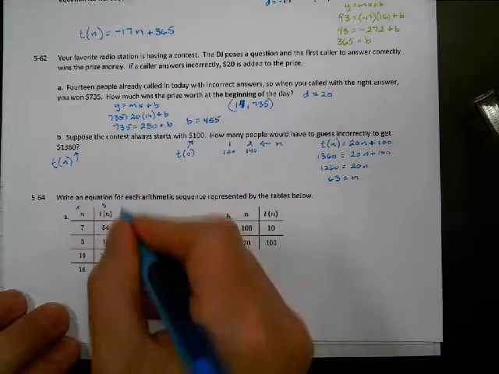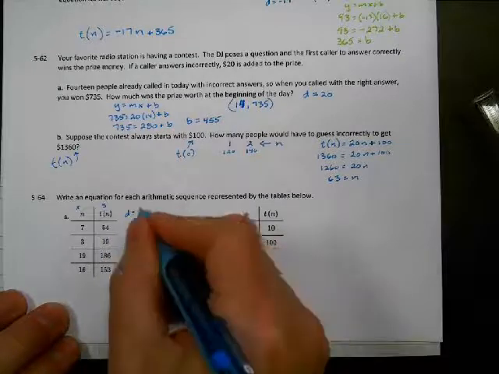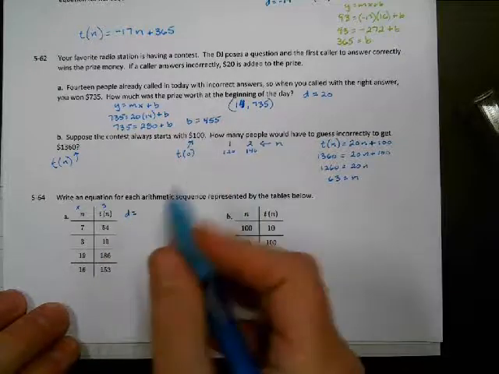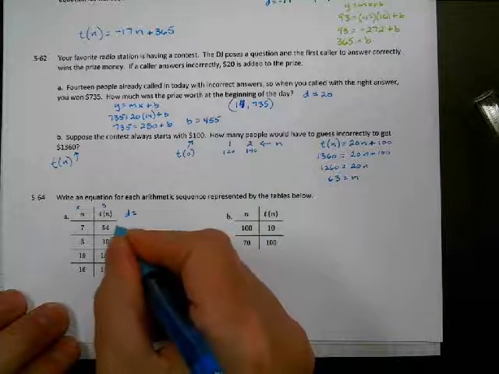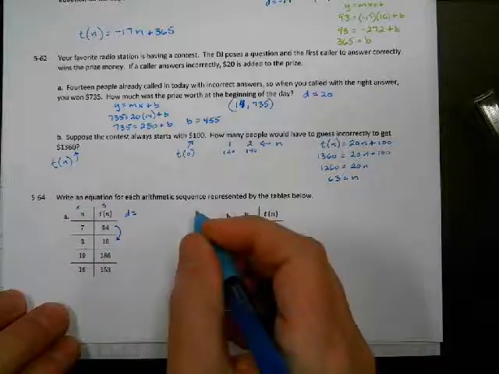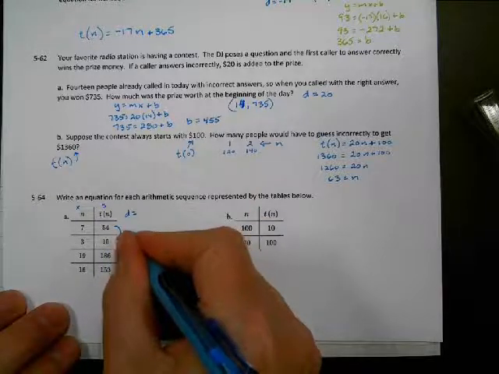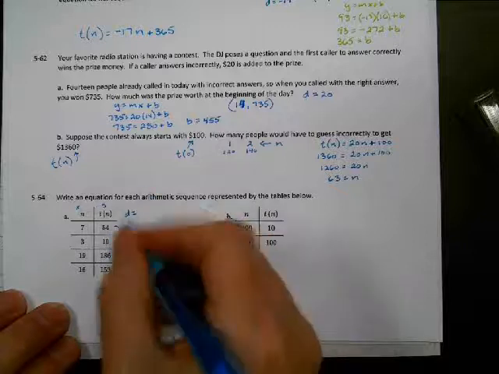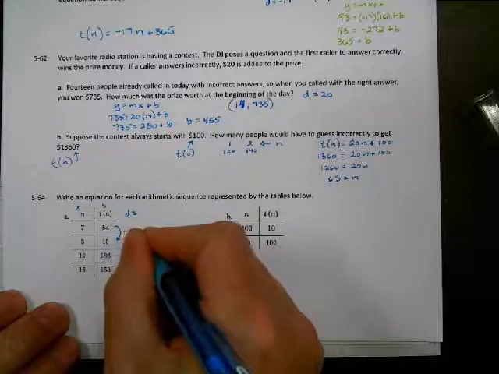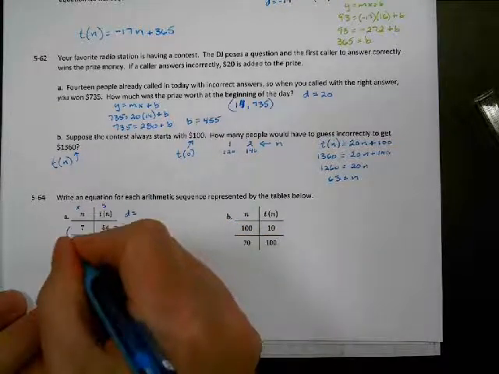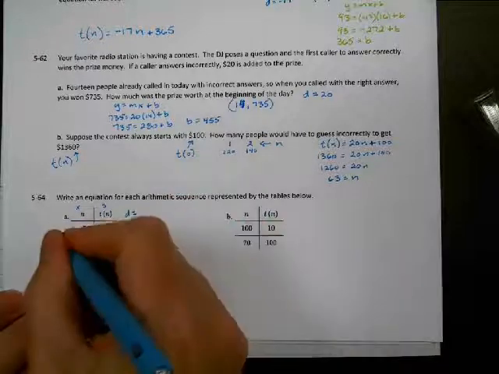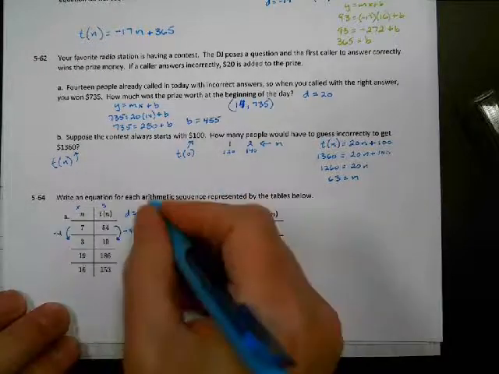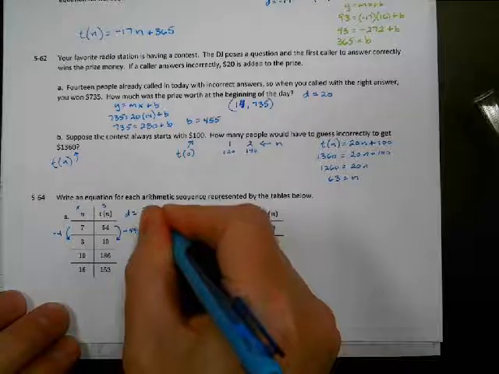So from here to here, I am subtracting 44. And from here to here, I'm subtracting 4. So my change in my y values is negative 44. The change in my x values is negative 4. And I get positive 11. So the common difference is 11.